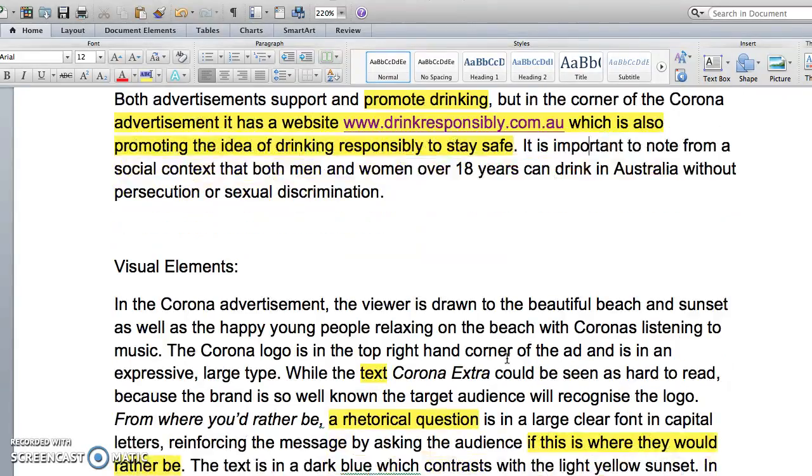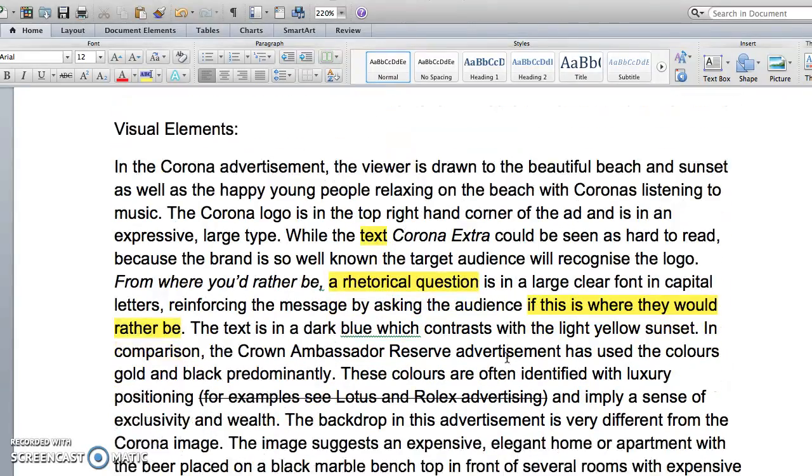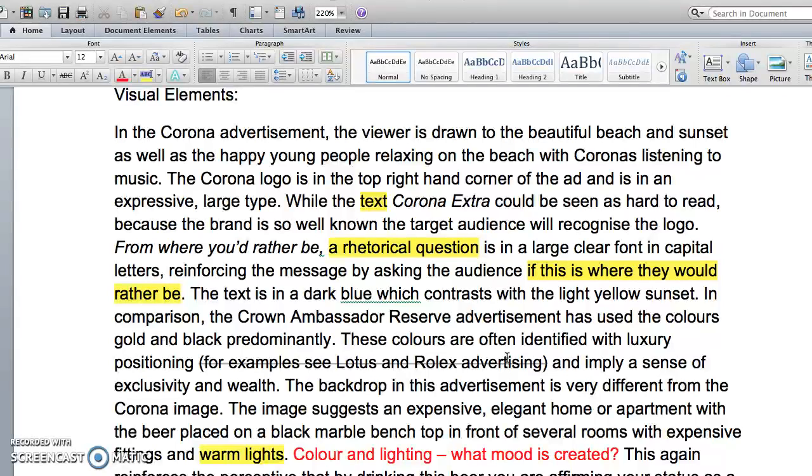Okay. Visual elements. Again, you really need to be going back to that Elements of Visual Language handout and the advertisements that were annotated next to it, to see how you need to be wording this.